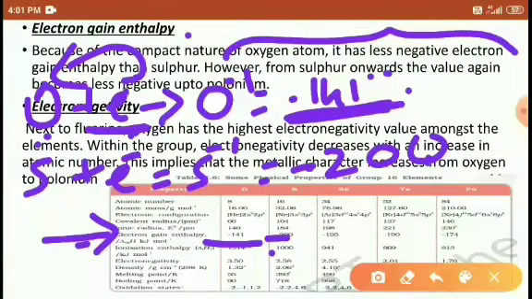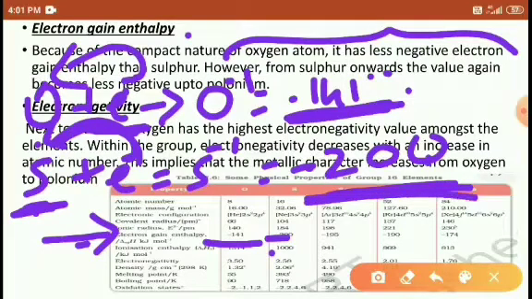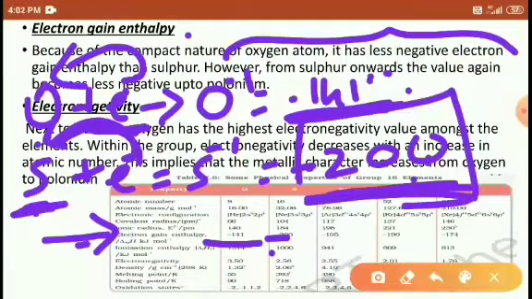It causes more repulsion here. But when you compare sulfur, it releases more energy. The substance which releases more energy is more stable. Right, students? So when sulfur accepts an electron, it liberates minus 200 kilojoule per mole of energy. It releases more energy because sulfur is large in size, so when the incoming electrons enter, the repulsion is less and more energy is released as compared to oxygen.